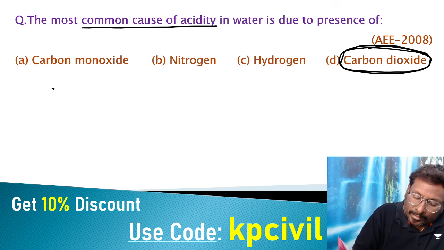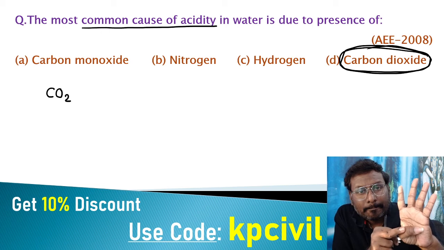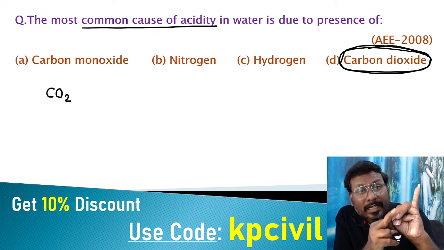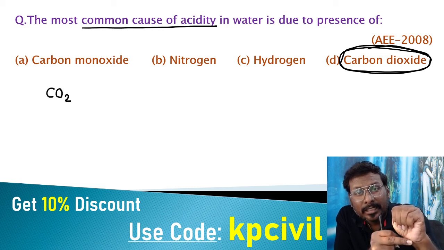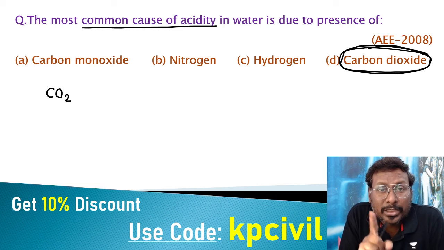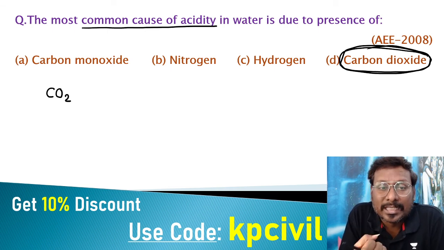Carbon dioxide comes from subsoil strata, deep water bodies, aquatic organisms, water living plants respiration, aquatic animals respiration, aerobic bacterial respiration. So carbon dioxide is released.